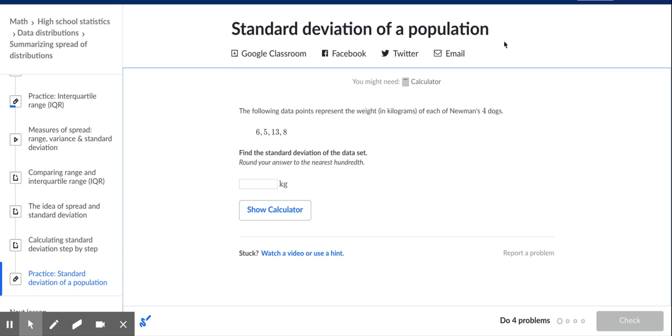Sometimes if you have an outlier, like we had in an earlier one where we had the weights of animals and they were all below 160 kilograms, and then we had a horse that was 900 kilograms. That horse would have been an outlier, and that would have been skewing our standard deviation, making it bigger because it seems like the spread of our data is bigger than it actually is because we have this one major outlier.